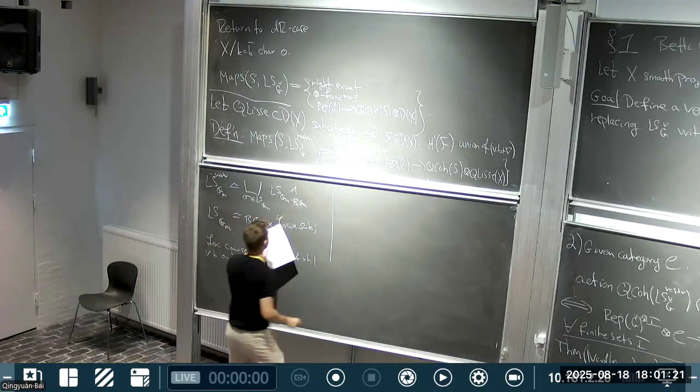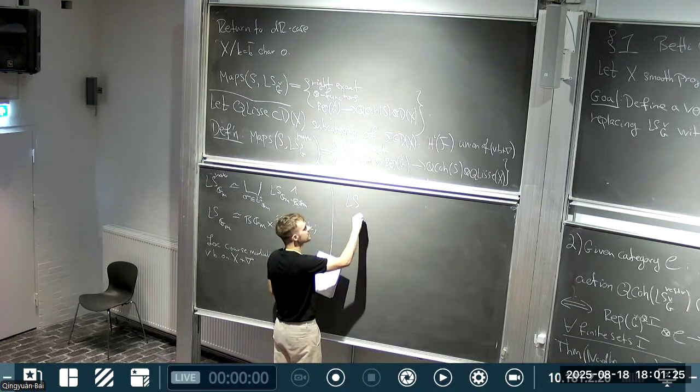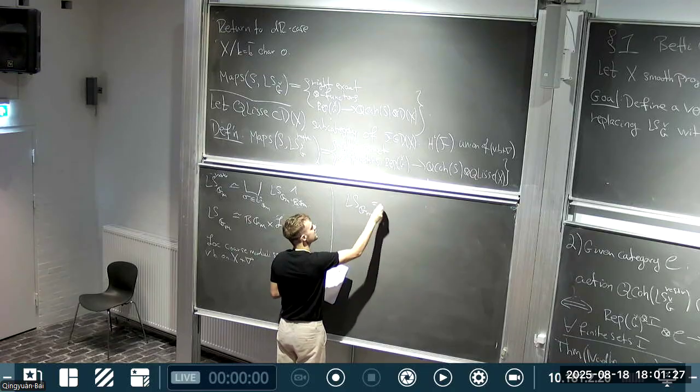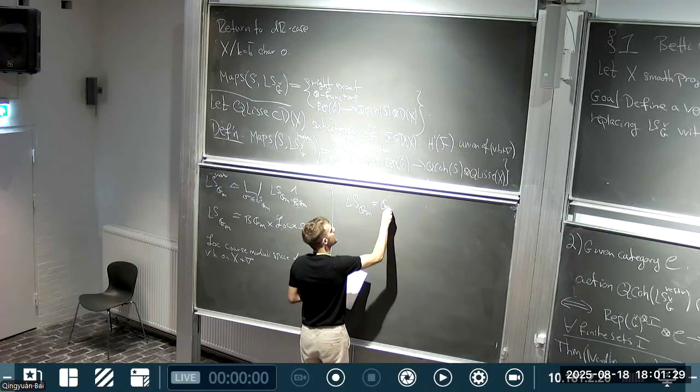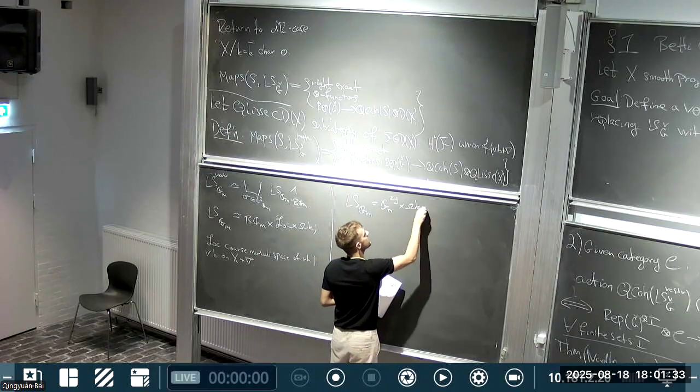So I just have to tell you what local systems G Betti looks like. Didn't I do this? Oh, okay, I did. So G_M to G comes with paired things.